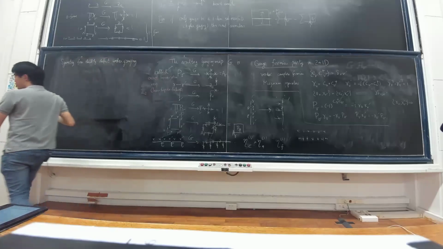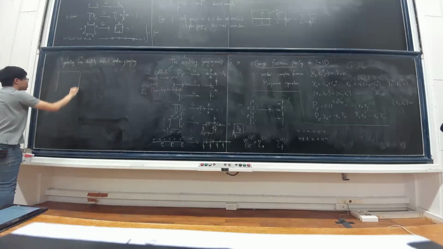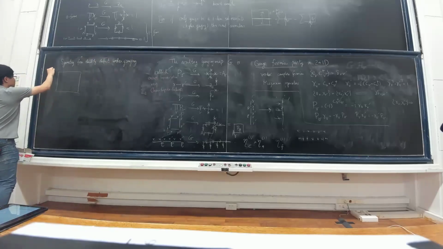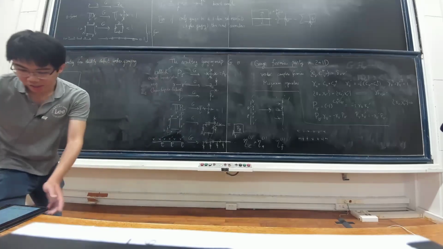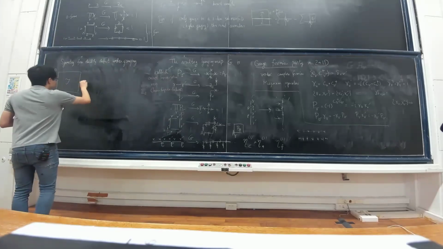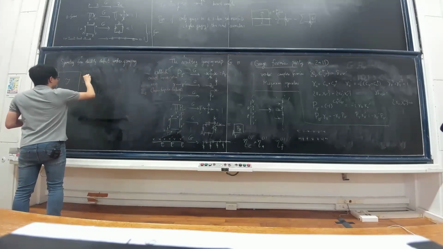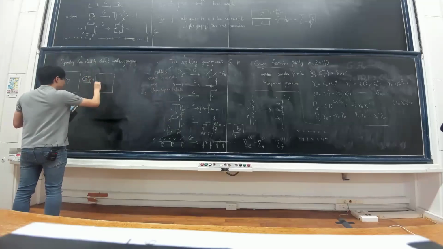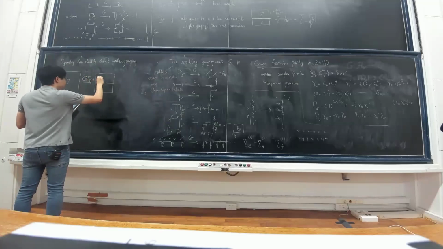So let me start with a continuum picture first. This is 1+1D maybe, but it works in any dimension. Let's say you have a theory T, and you might be familiar with this notion of gauging half space. So take your half space and perform gauging.